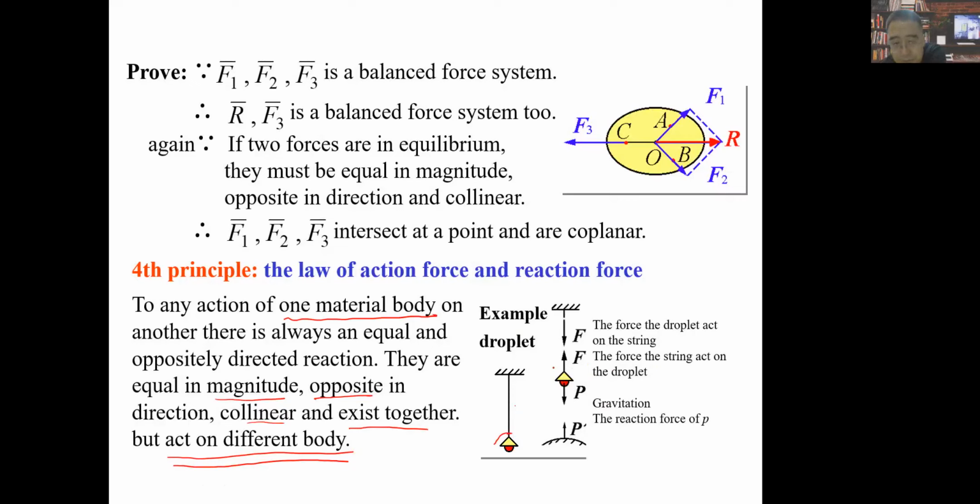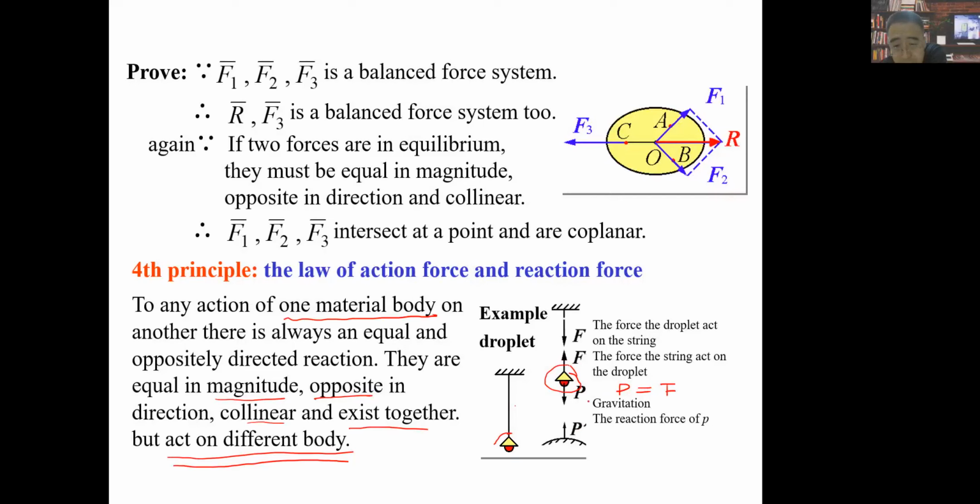Because this is the body, it only has two forces acting on it, and in the state of equilibrium, P and F have the same magnitude, opposite direction and are collinear, right?